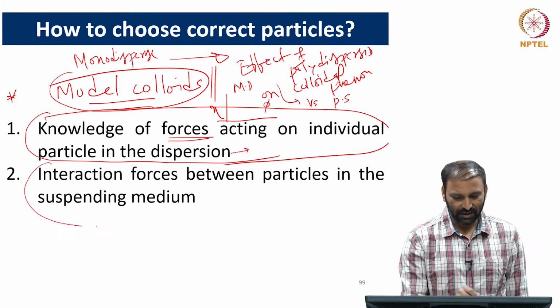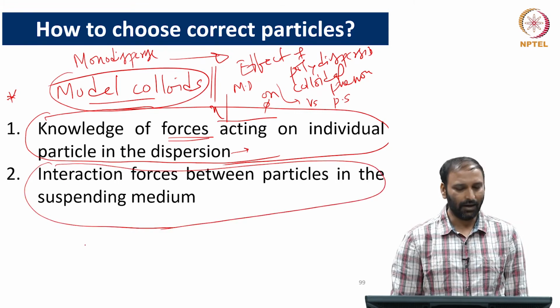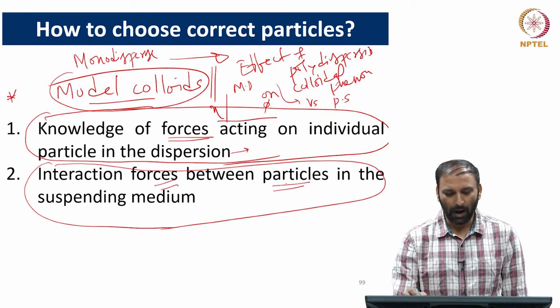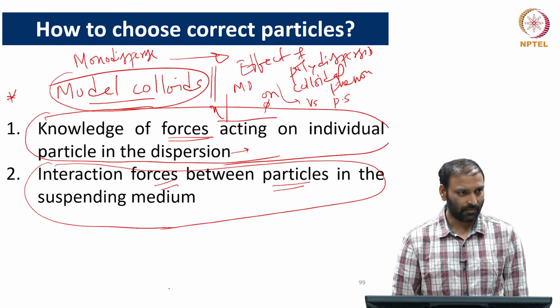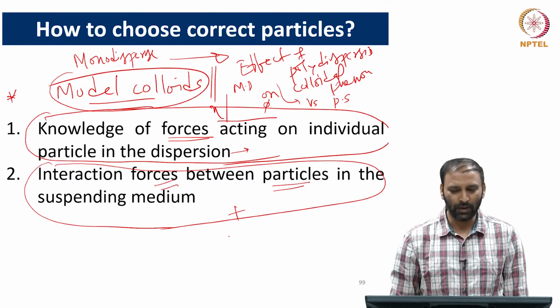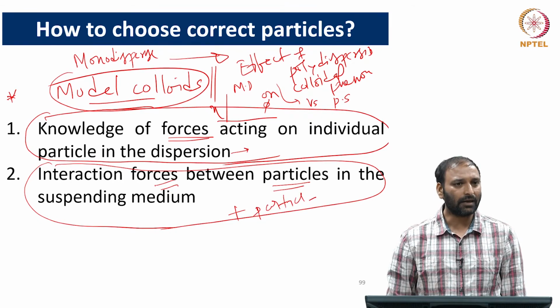And the second thing is you should have an idea about the interaction forces between the particles in the suspending medium, plus of course the interaction between the particles and the container itself.